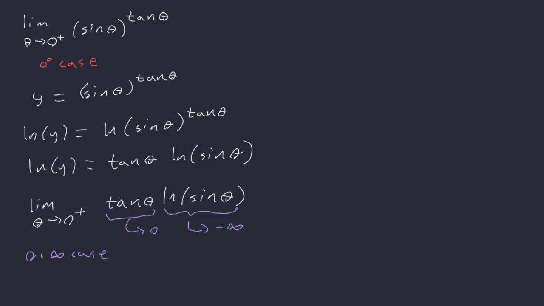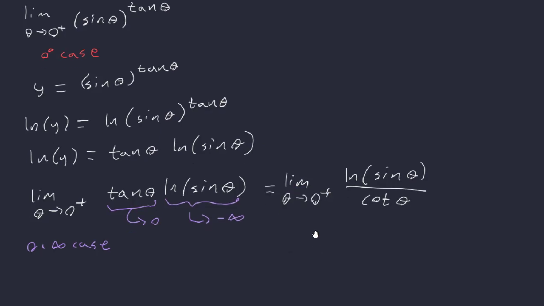So what we're going to do, like always in these cases, is move, I always like to move the non-natural log piece down. And I like this because in this particular case, when I move tangent into the denominator, 1 over tangent I could just write as cotangent. So this would be the natural log of sine theta all over cotangent theta.